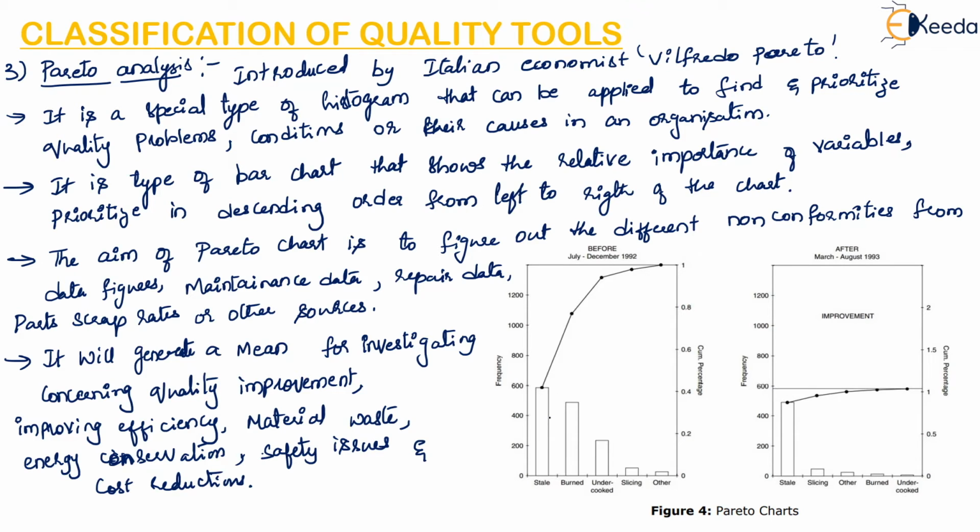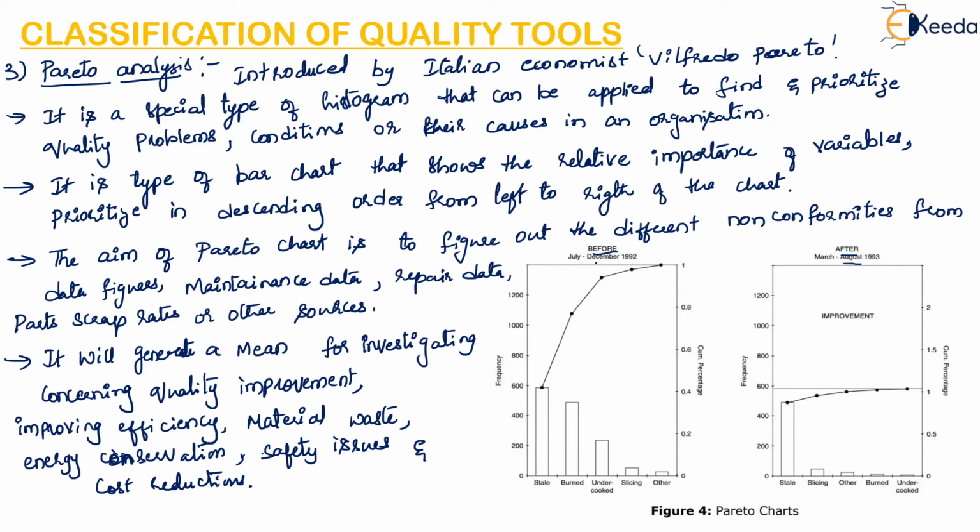So here there is a Pareto chart. We have taken it as an example which is demonstrating how the production has been improved before and after the changes which are made. So this is before the changes and this is after the change.